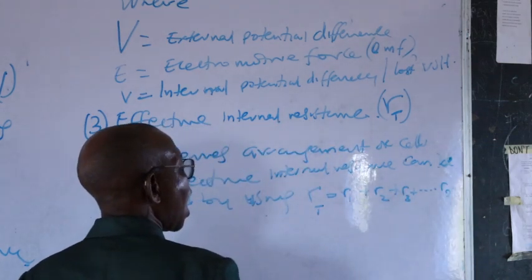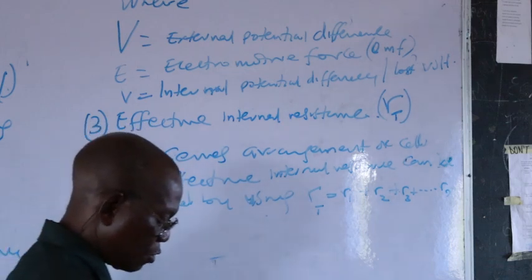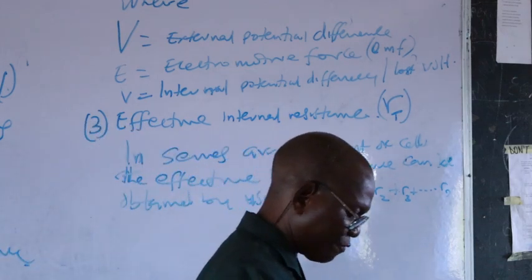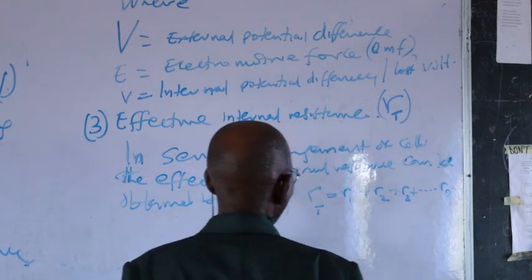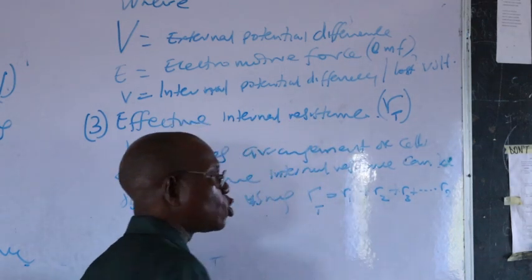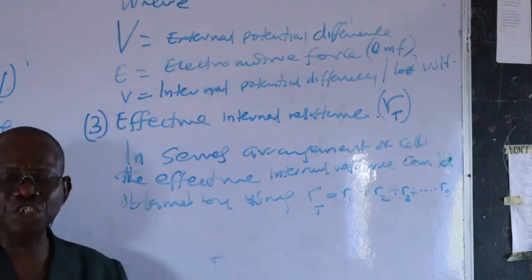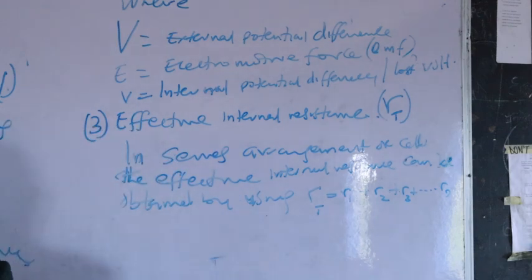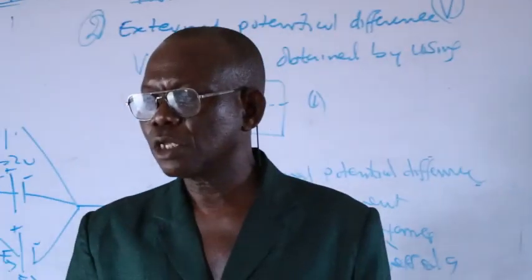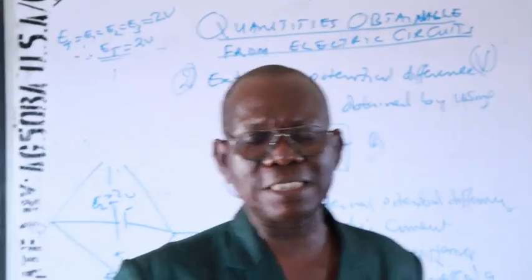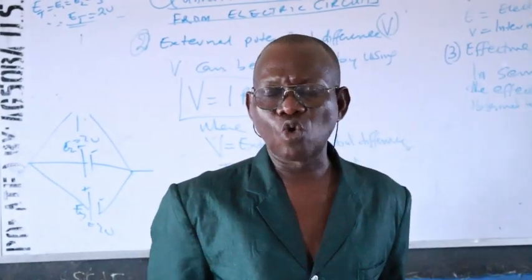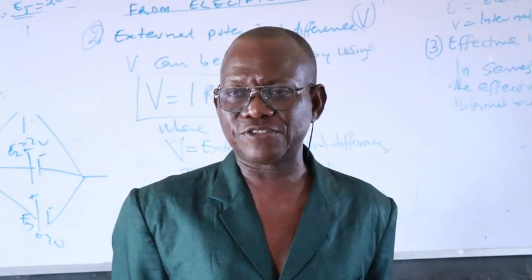Depending on how many cells you have in the circuit, we are going to add each internal resistance of the cells together. When the cells are arranged in series, we add all their internal resistance together to obtain effective internal resistance.